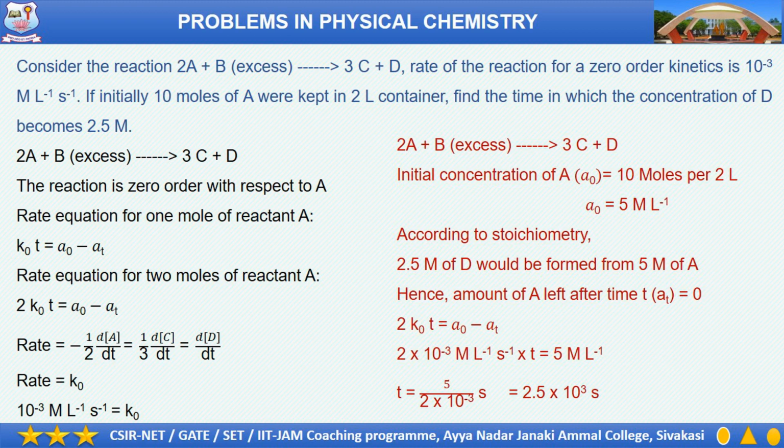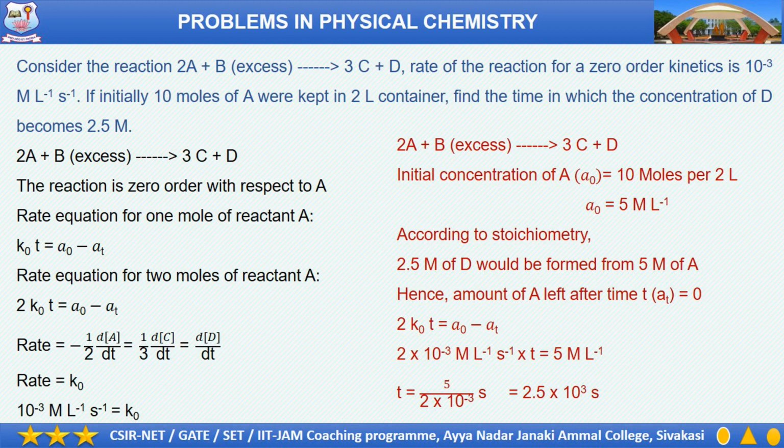But so far we have considered the rate of the reaction as zero order, where only one concentration term is given. And the rate equation for this we have written as K naught into T is equal to A naught minus AT.